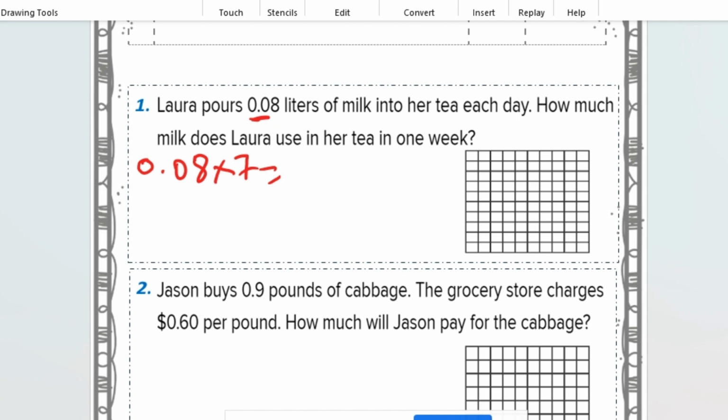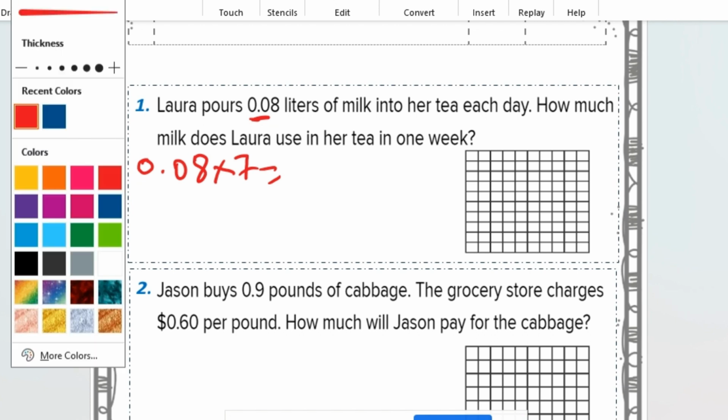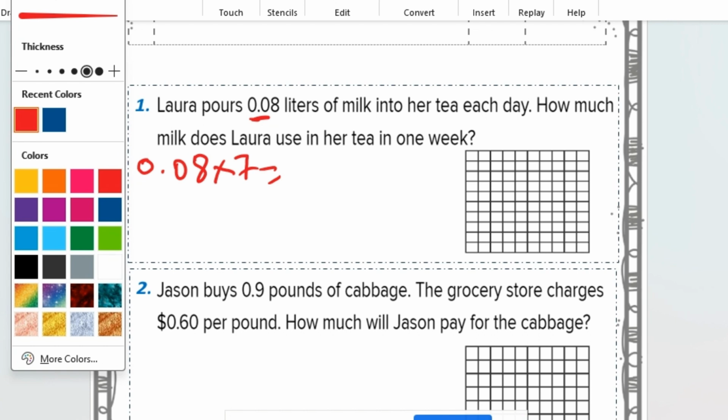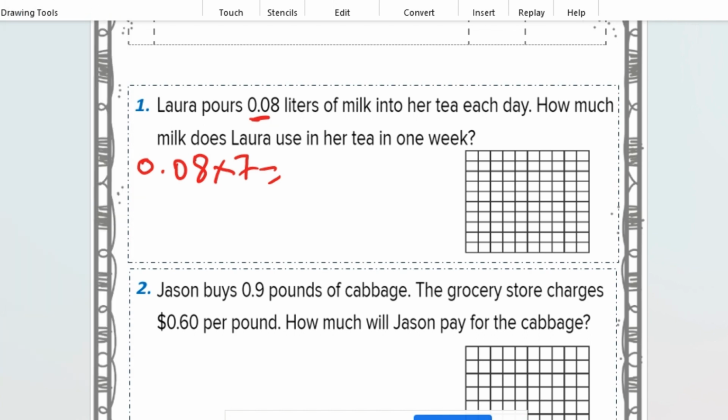Now let's use the decimal grids here. We know that 0.08 times 7 is the same as adding 0.08 seven times.